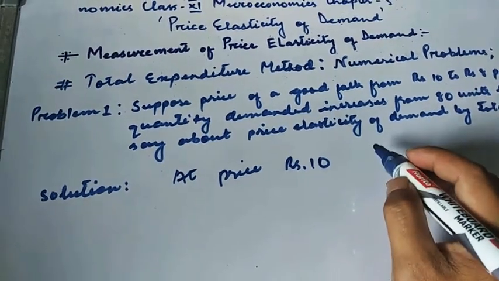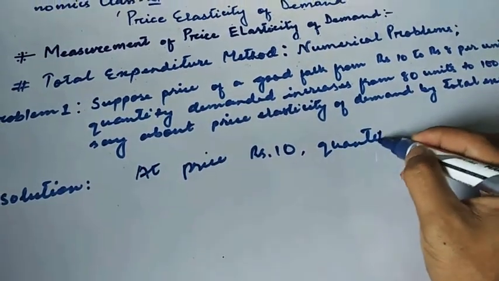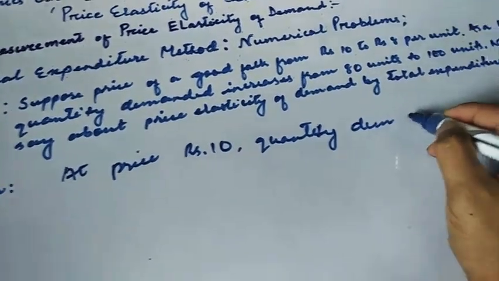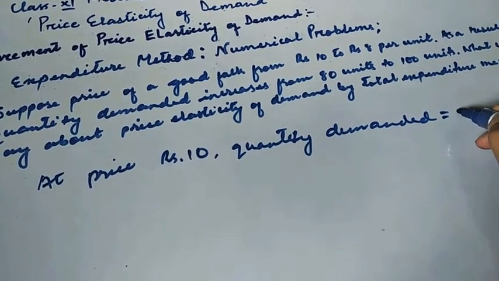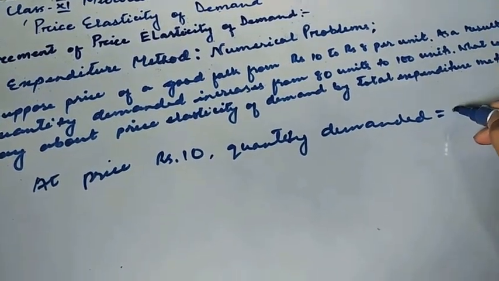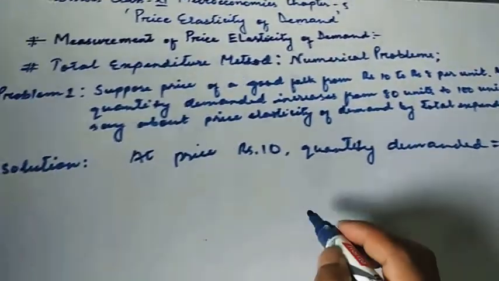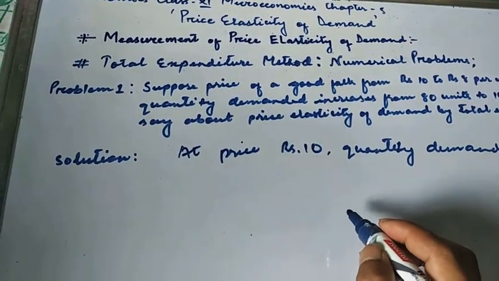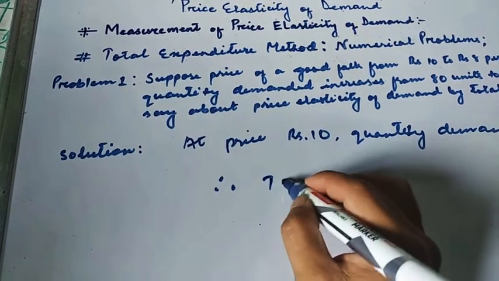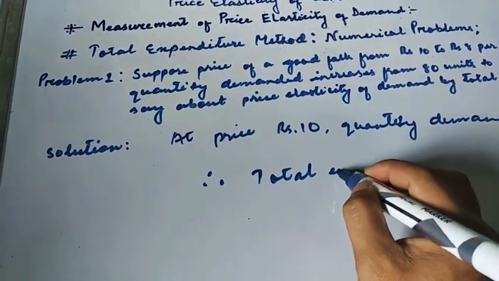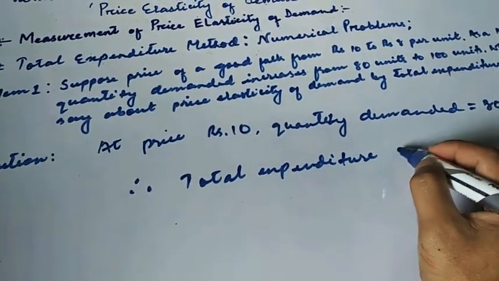So at price rupees 10, quantity demanded is how much? Quantity demanded is 80 units. Therefore, total expenditure is price into quantity.